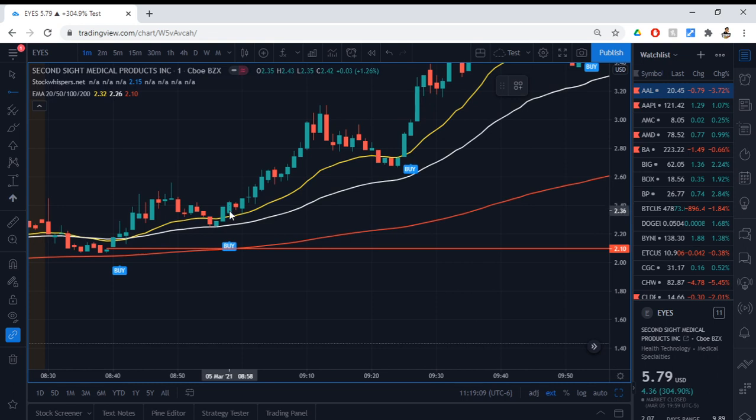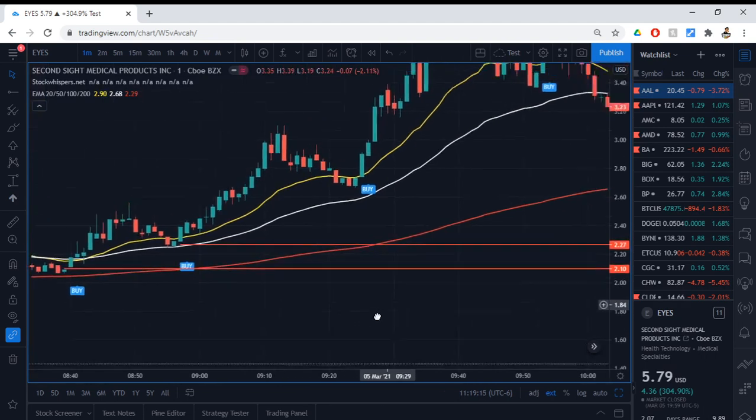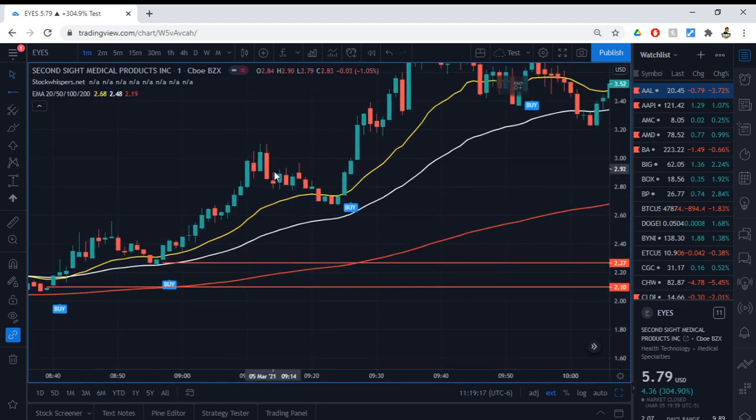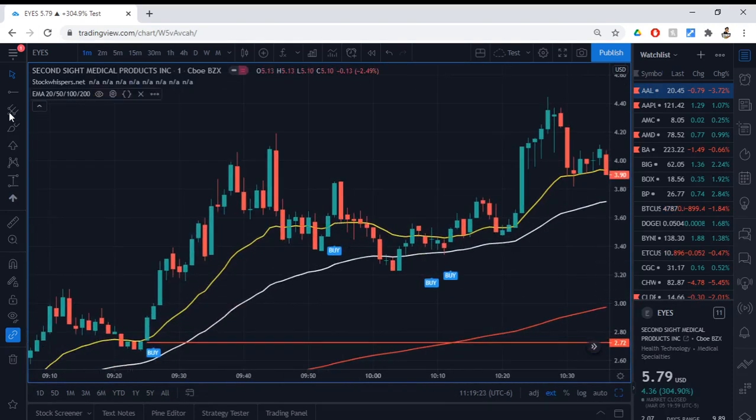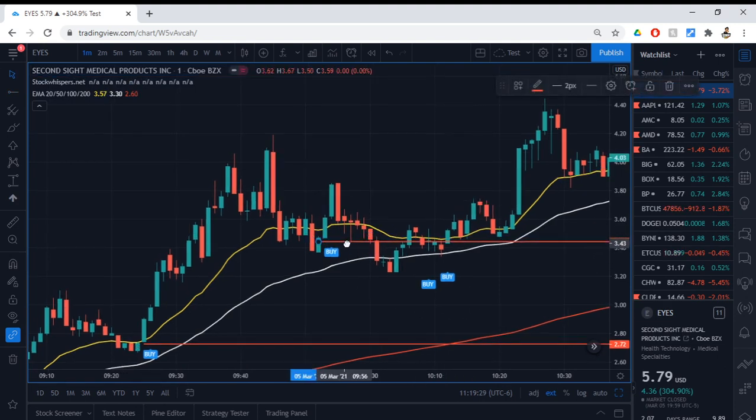Here you have another buy signal. Your stop loss is right below the candle before it. Here, same thing. Here, same thing. Boom, you were stopped out here, right? And correctly stopped out because you thought this was the bottom, and all of a sudden it wasn't.